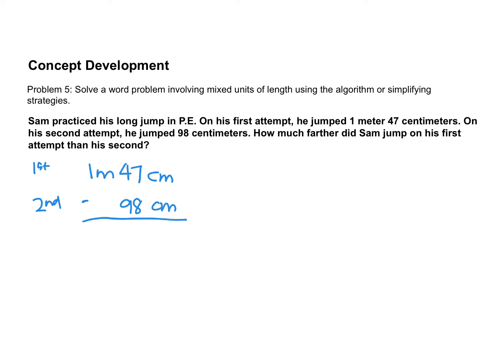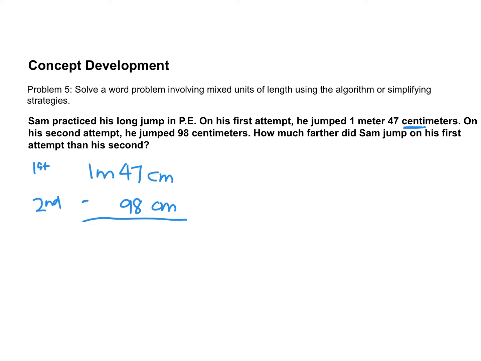But already looking at this, I can see that I cannot subtract 98 from 47 in my centimeters, correct? So I'm going to have to rewrite that and convert my 1 meter into centimeters. So let's go back and think for just a minute. Well, how many centimeters are there in a meter? And there are 100.